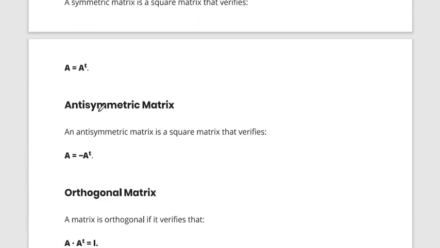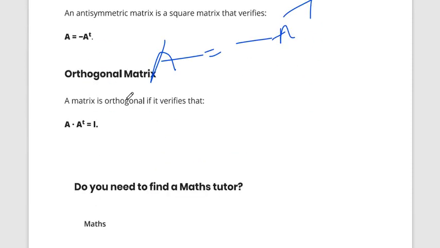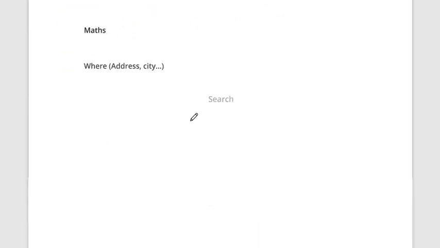Symmetric matrix we already talked about. Anti-symmetric means A is equal to minus A transpose. Orthogonal: if we multiply A and its transpose matrix and we get the identity matrix, then this type of matrix is called orthogonal.